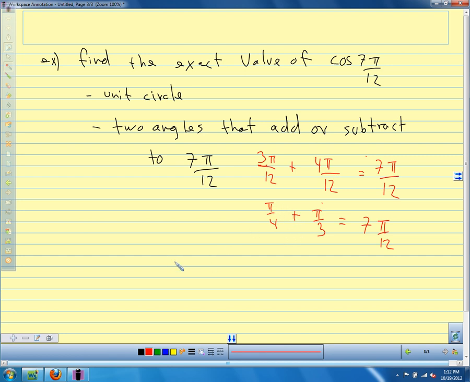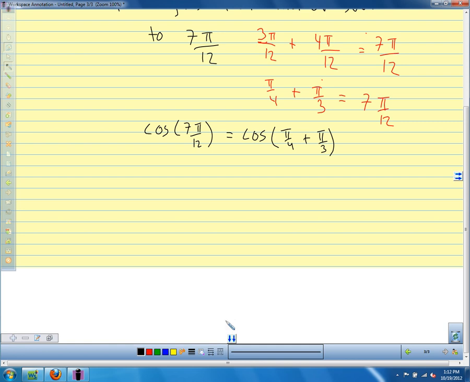So the cosine, after that little bit of work, we get the cosine of 7 pi over 12 equals the cosine of pi over 4 plus pi over 3. And we have a nice identity for the cosine of the sum of two angles.